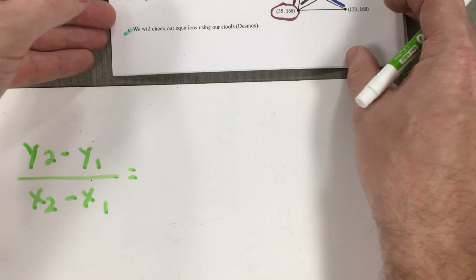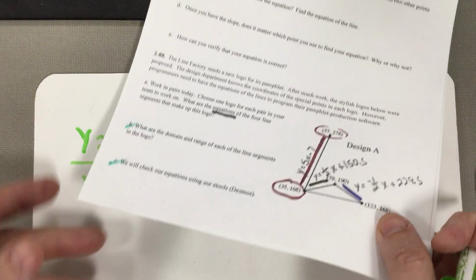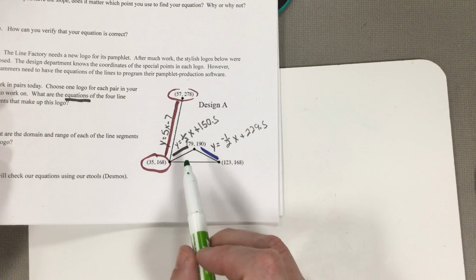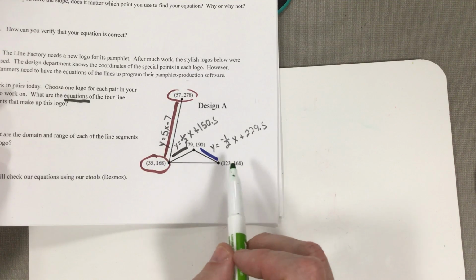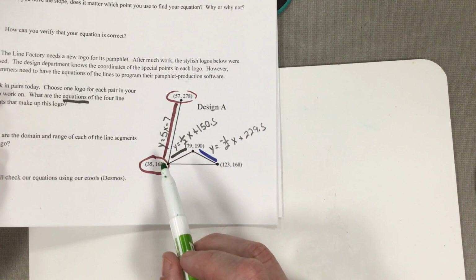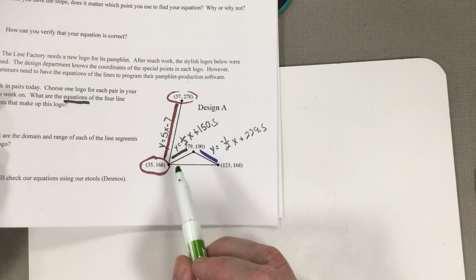So if we have that right there, again, all we're doing is taking a y, and it doesn't matter which way we go. We can take y2 minus y1 and x2 minus x1, or we can take this one minus this one, and go this way. So I'm going to go from here to here, and why?